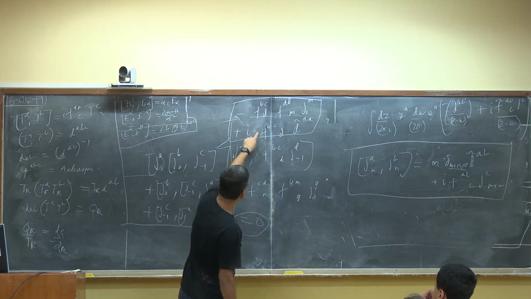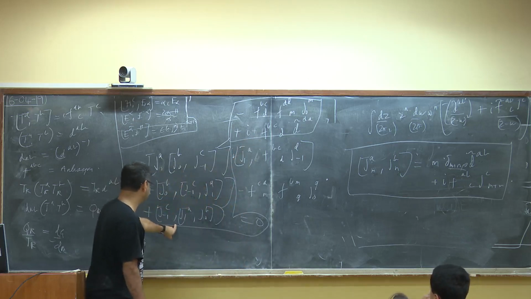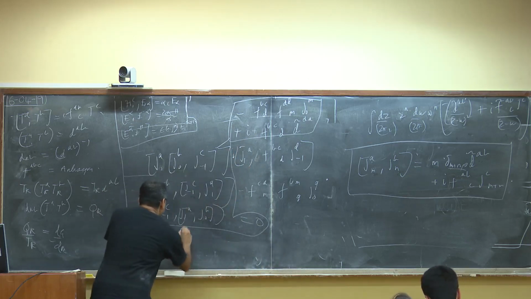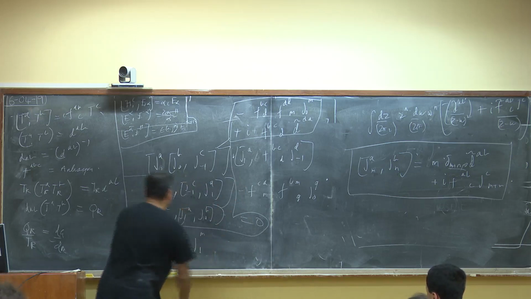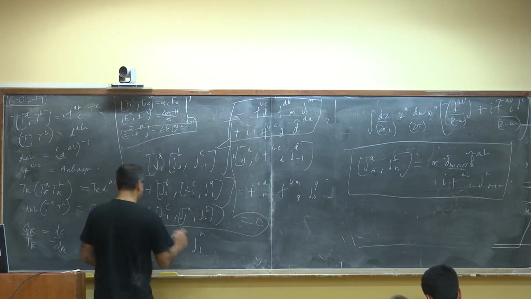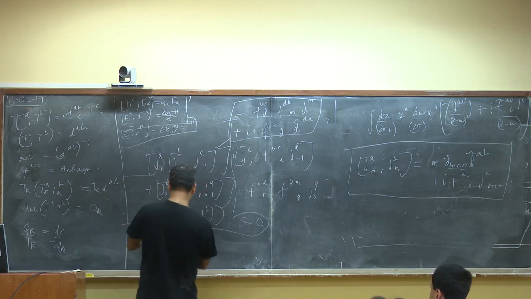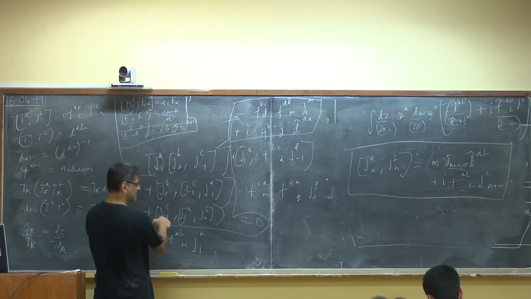Okay? One term we got here was this. Let's look at the other term just involving the Ds. So this thing here was F A B M J M 1. Then I. And then this thing gives us a minus I, because it's J minus 1.